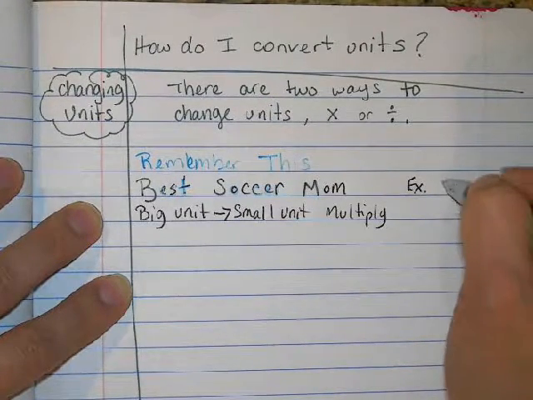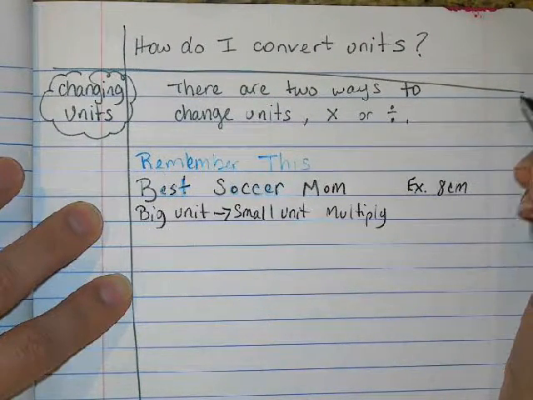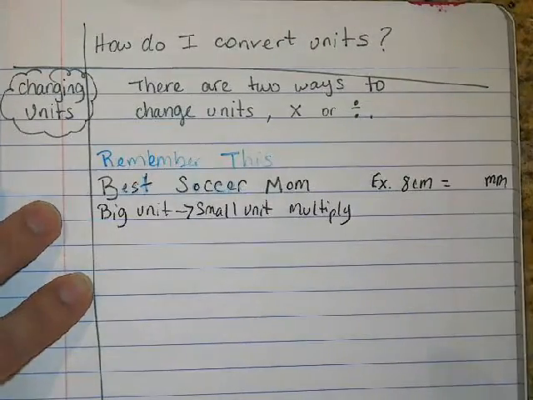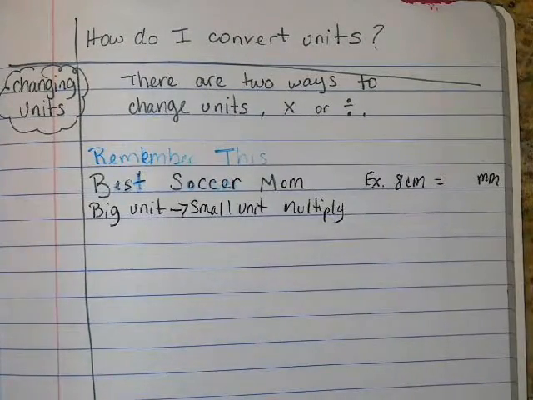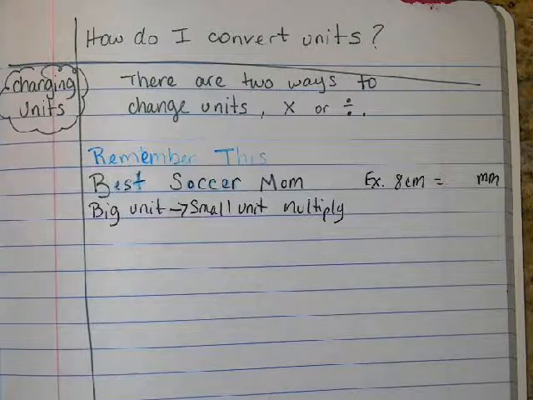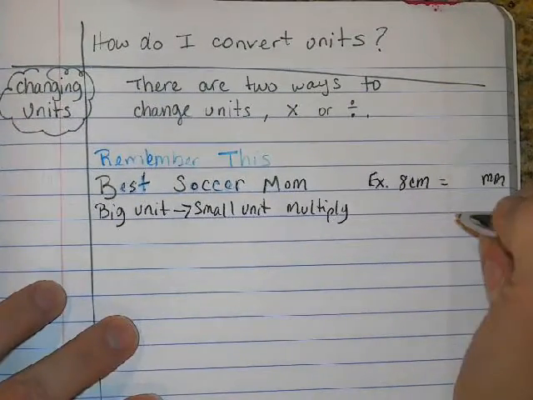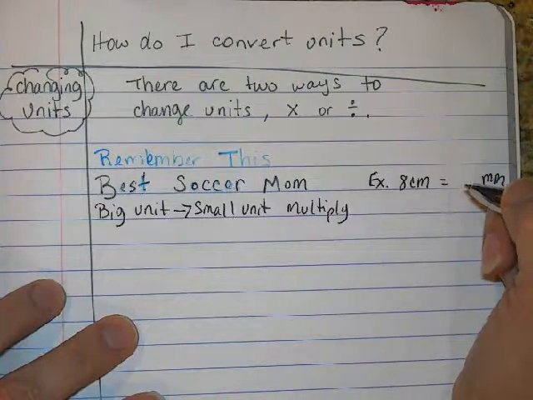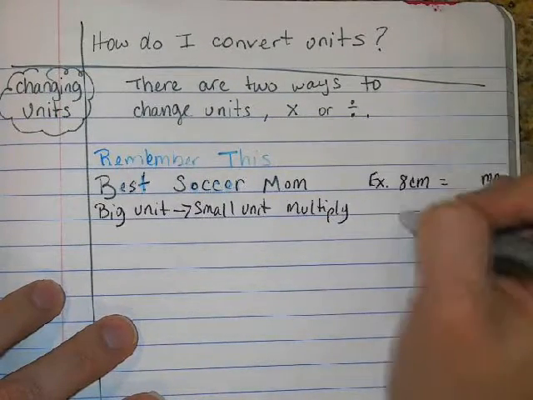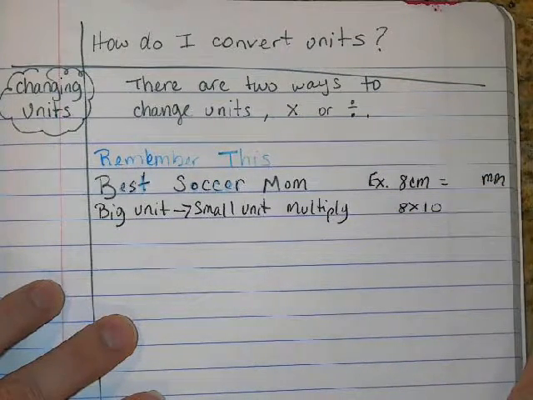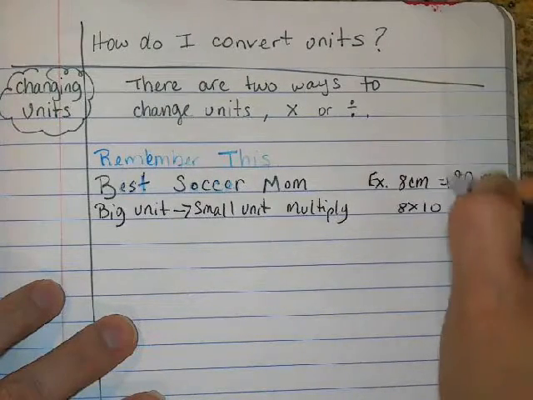If you have 8 centimeters and you want to go to millimeters, right? A centimeter is bigger than a millimeter. So since you're going from a big unit to a smaller unit, you're going to multiply. So in this case, you're multiplying 8 centimeters times 10, to give you 80 millimeters.